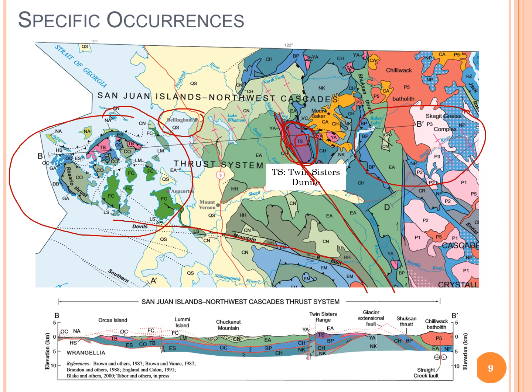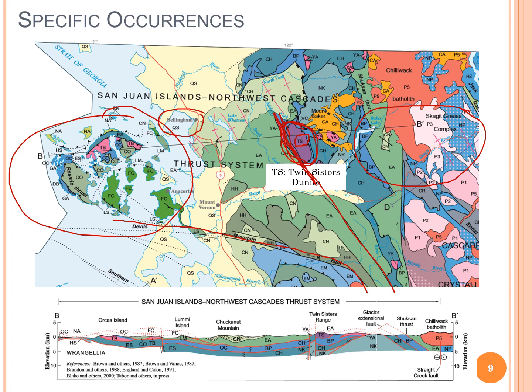These black lines are faults, offsets in the individual rock types that make up the geology of the Pacific Northwest. There's a very prominent one featured just west of the Twin Sisters Dunite. It disappears below some later stone and into other things to the north, but it is a major fault that runs right along the west side of the Twin Sisters Dunite.